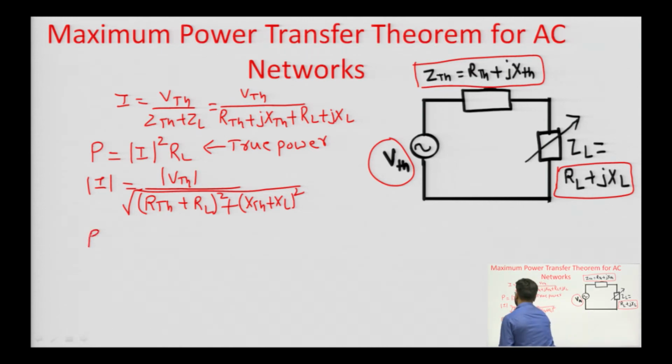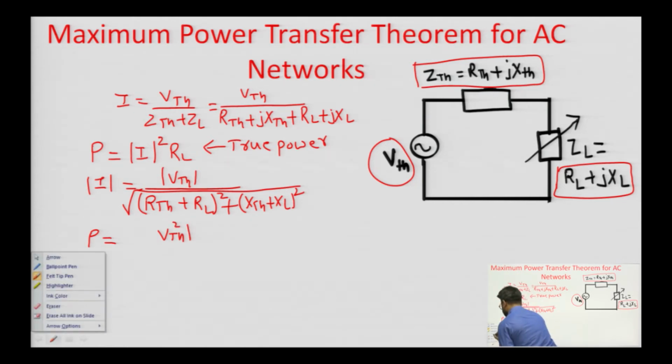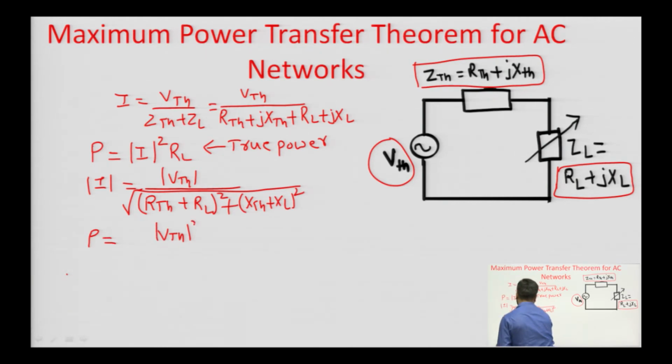Now, power will be equal to VTH square divided by RTH plus RL, whole square, plus XTH plus XL, whole square, multiplied by RL.